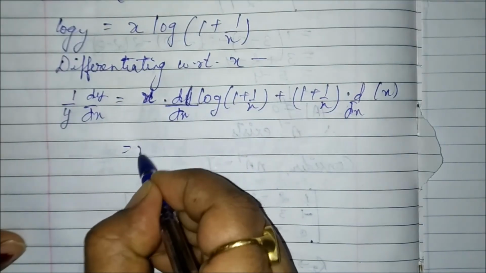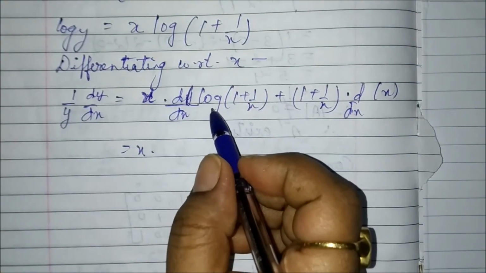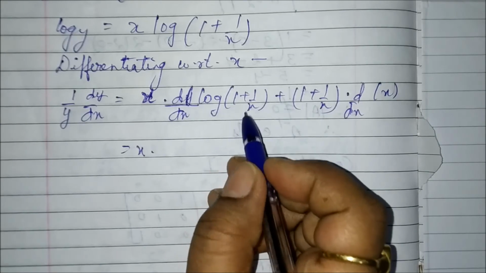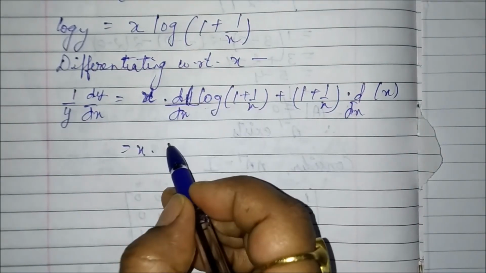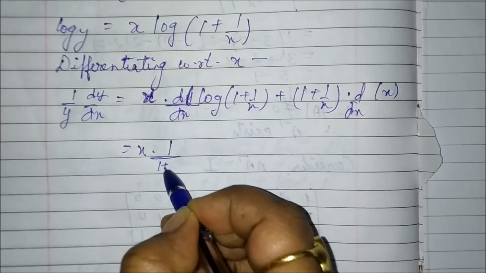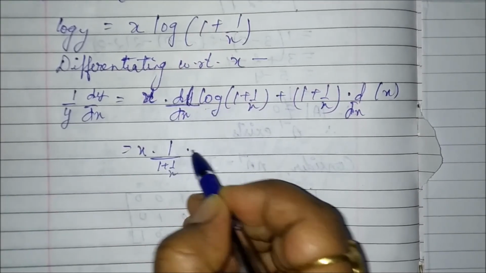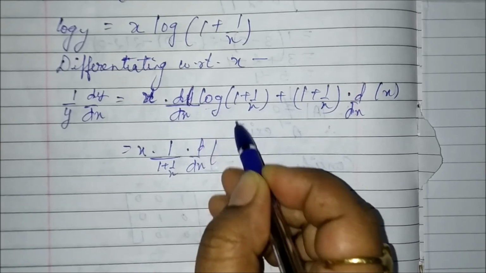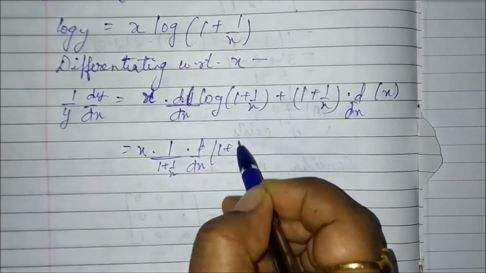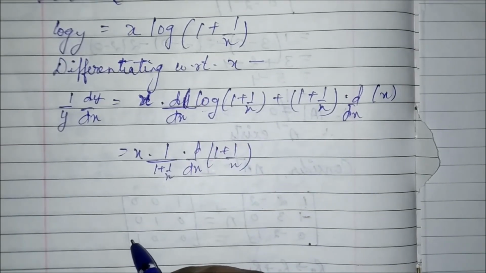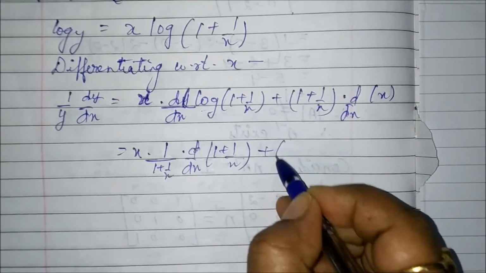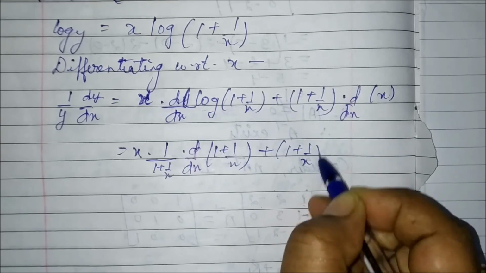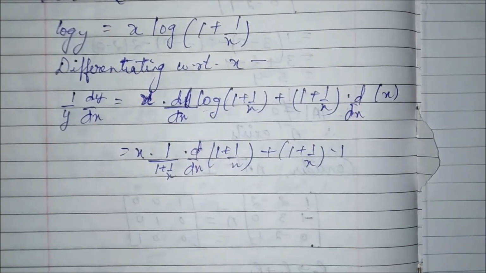So copy x here. Now the derivative of log (1 plus 1 by x): the derivative of log of any function is 1 upon that function, so 1 upon (1 plus 1 by x) into d by dx of this function, plus log (1 plus 1 by x) into 1.